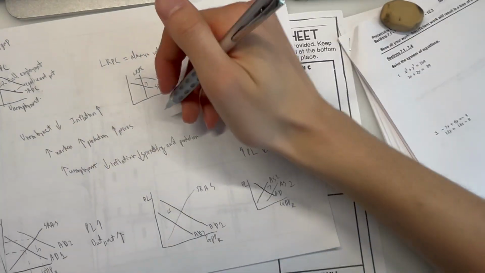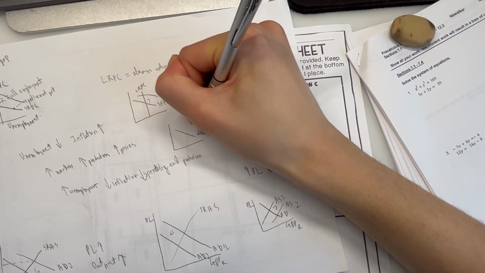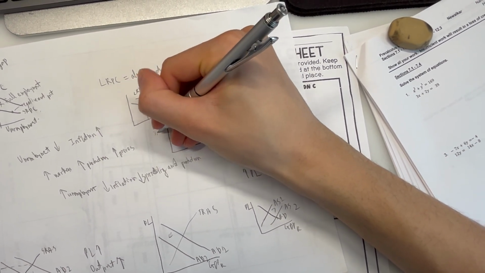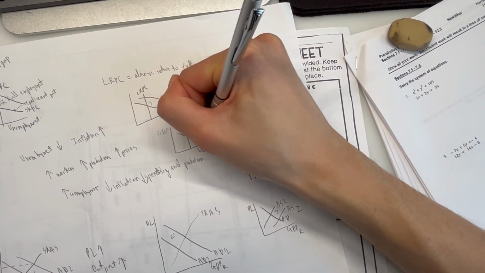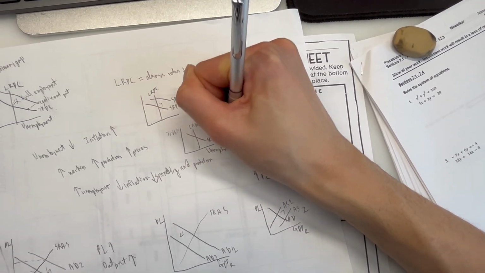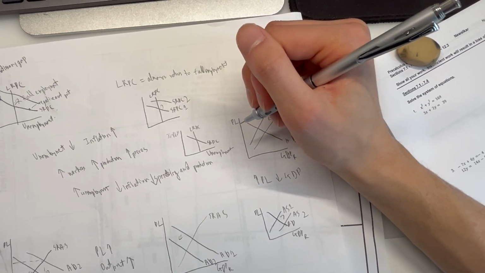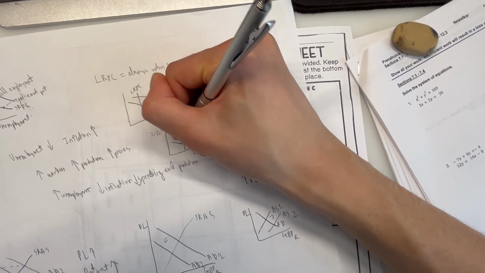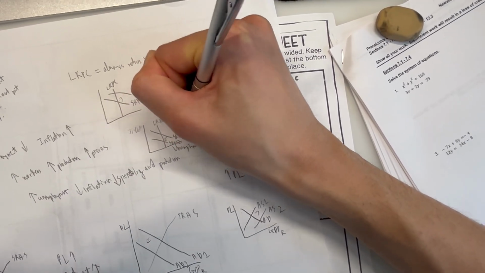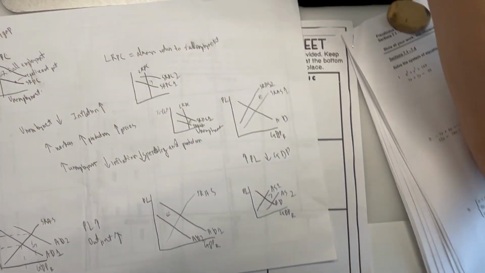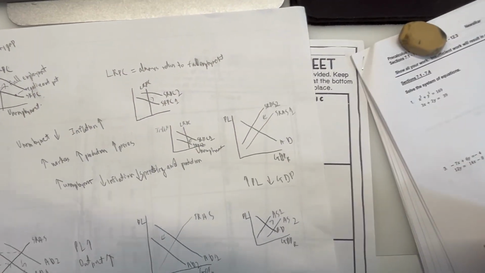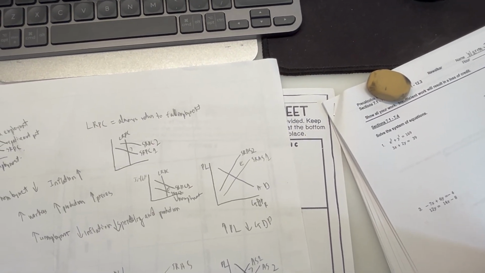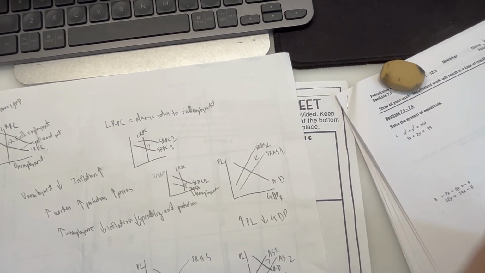So on the Phillips curve, the short-run Phillips curve shifts left. So pretty much changes in aggregate demand cause movement along the short-run Phillips curve, but when there are changes in supply, it shifts the entire short-run Phillips curve.